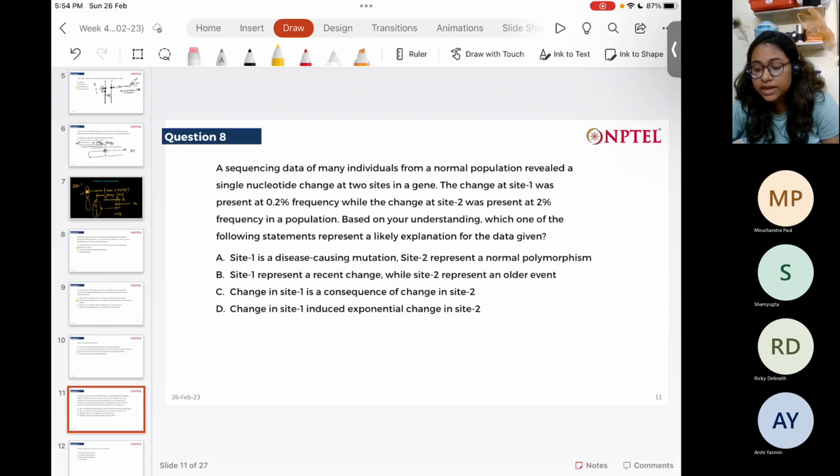Option C, a change in site 1 is a consequence of change in site 2. And D, change in site 1 is induced due to exponential change in site 2. So which of these options explains this phenomenon? What do you guys think? What would be the correct answer?